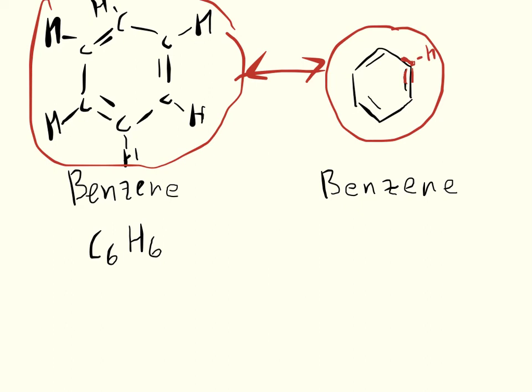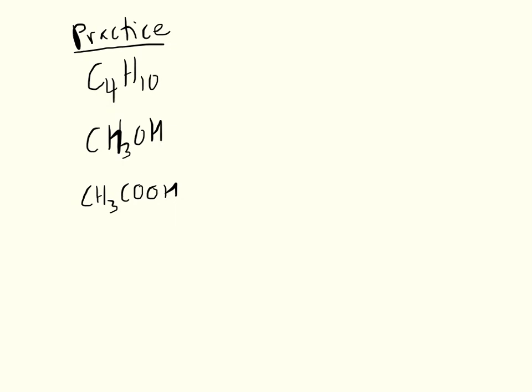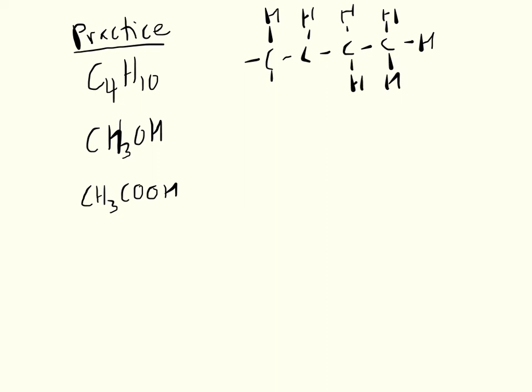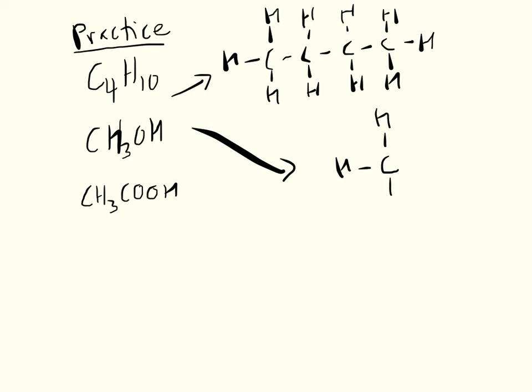There are 4 practice problems. I want you to give these a shot, so try pausing the video after I draw the basic structure. You can also try doing it without me drawing the basic structure first. That would be more of a challenge that you could push yourself to do. But here is the basic structure for C4H10. Here's the basic structure for CH3OH, methanol.